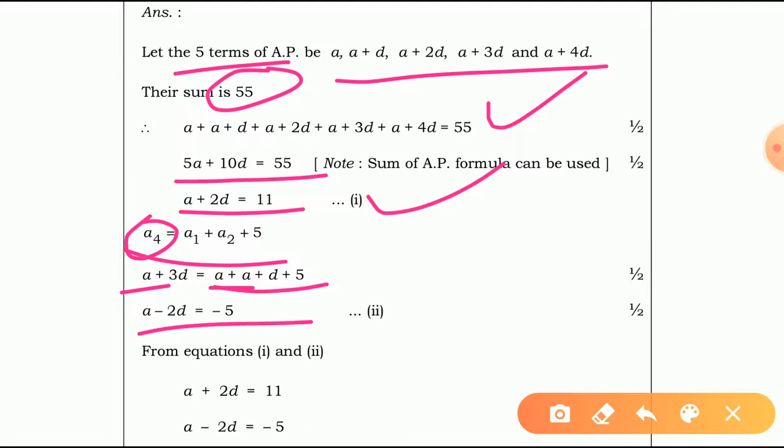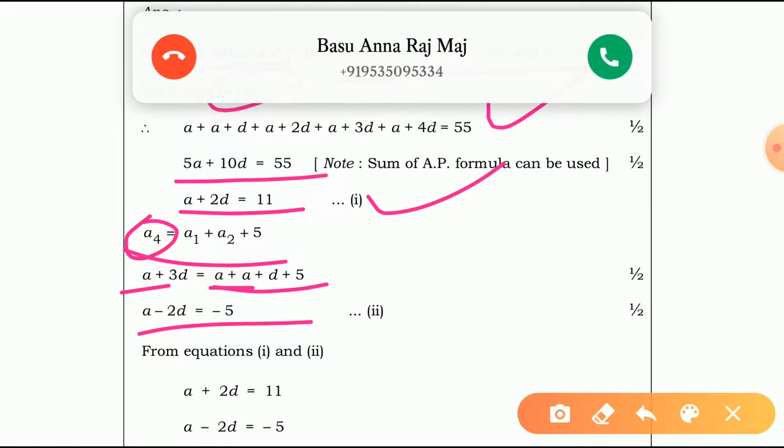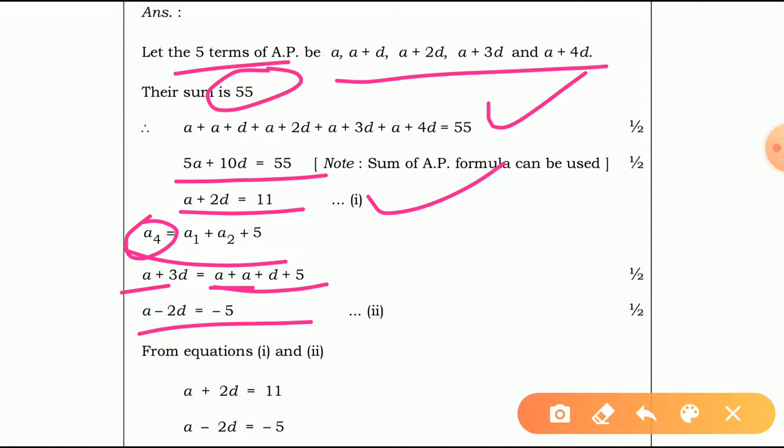On the LHS a plus 3d, and on the RHS a plus a plus d plus 5. Transposing a to the right hand side, we get a plus 3d is equal to a plus d plus 5, so a minus 2d is equal to minus 5. This is called equation number 2.